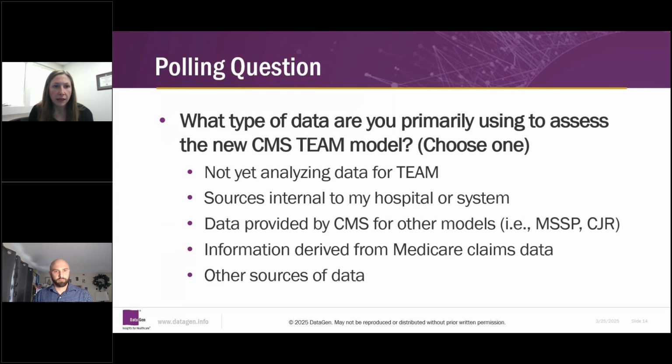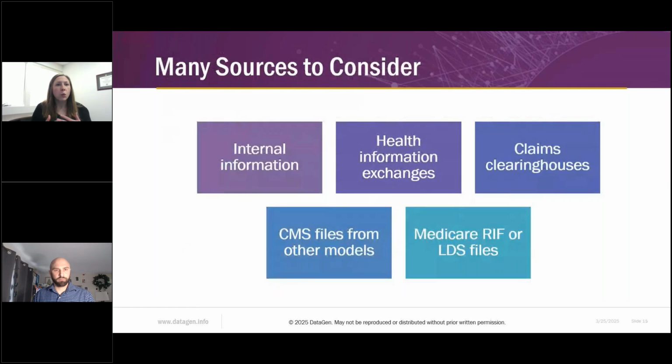And I think that ties in really nicely into what the sources to consider are. You'll see the options here are very closely tied to that polling question. I would say there's no right or wrong answer, but each data source will carry different advantages and also disadvantages to consider.